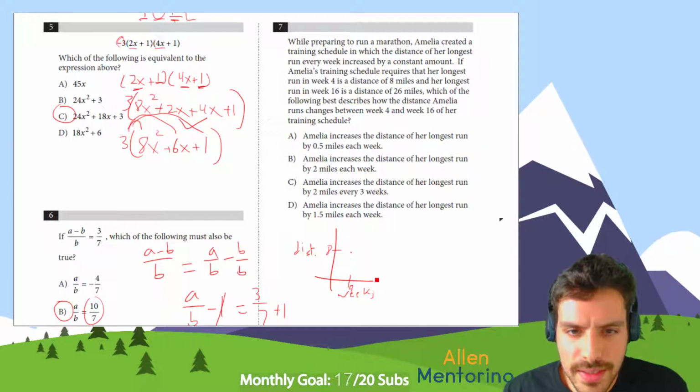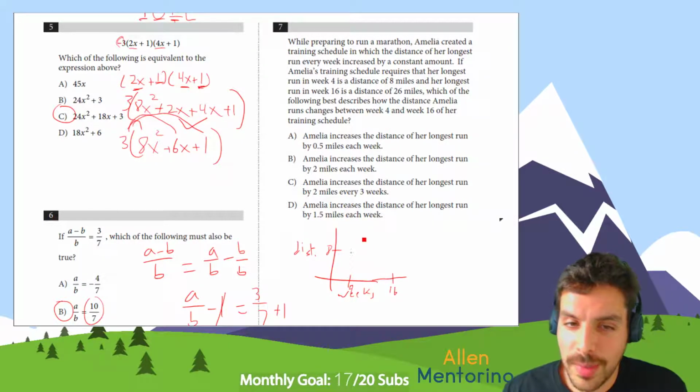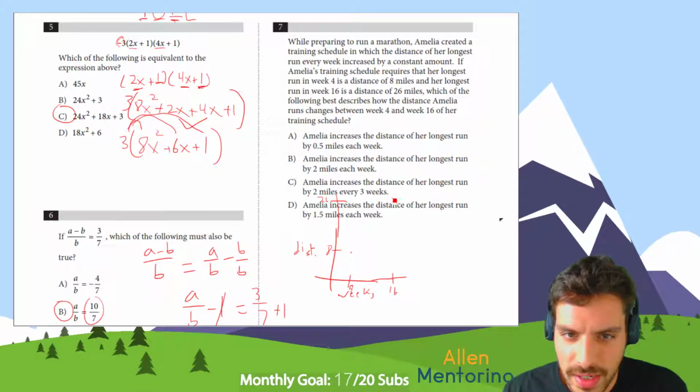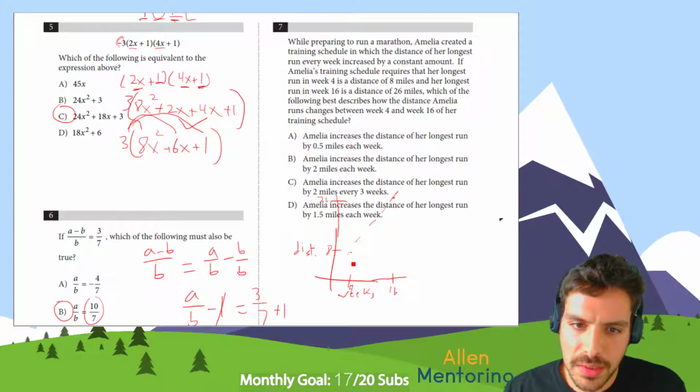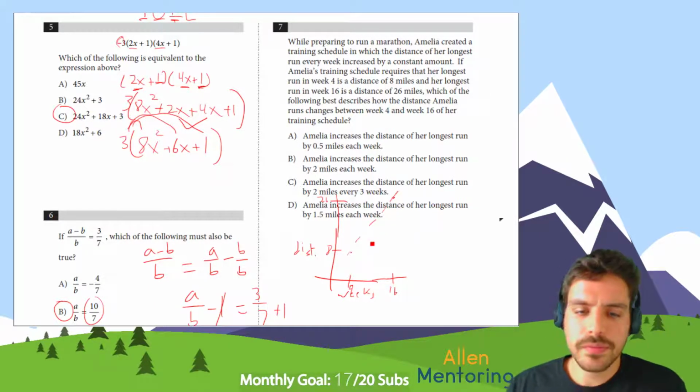And then at 16, I'm really bad at drawing, but I guess I didn't have to tell you that. At 16, it's at 26, and that's there. And so we're basically trying to find what is the rate of change between 4 and 16 here.